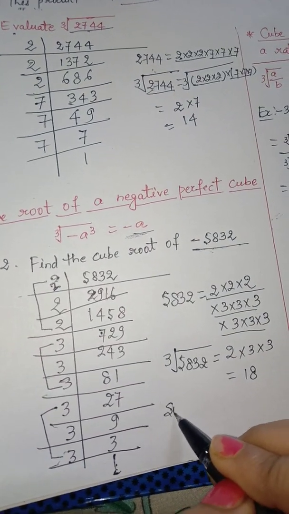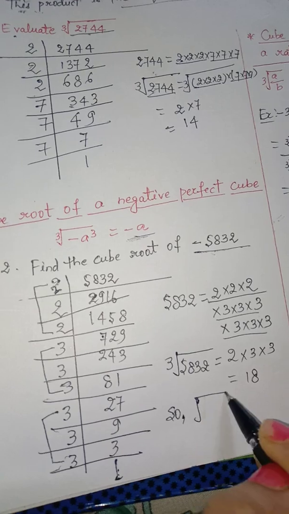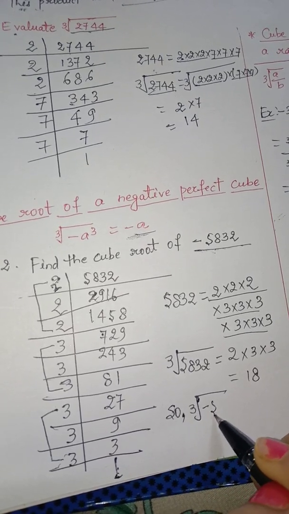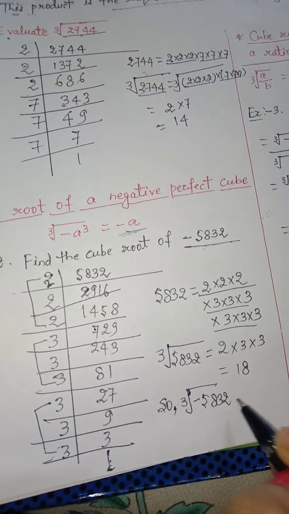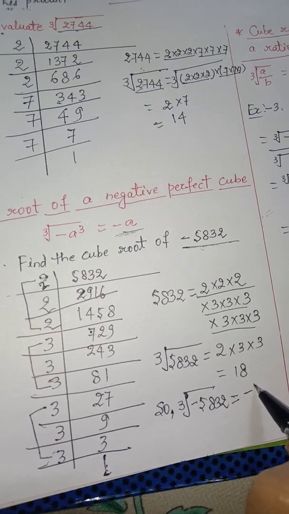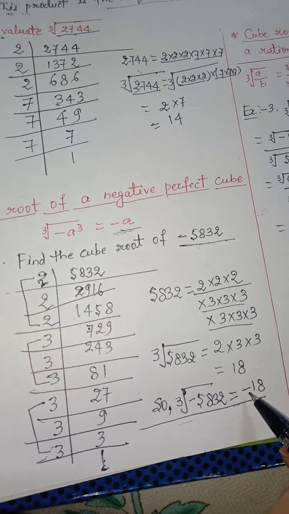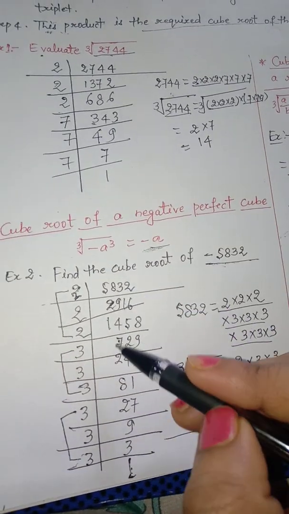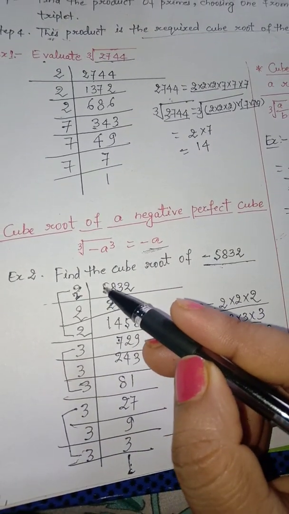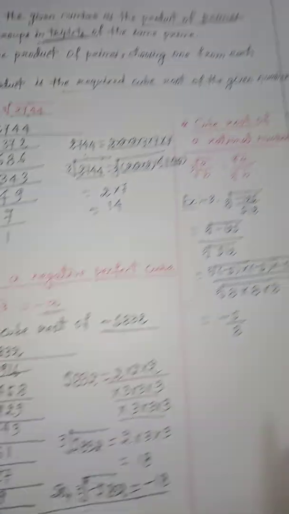So finally we will write the cube root of minus 5832 equals minus 18. At last we use the minus sign. At the time of prime factorization, no need to use minus.